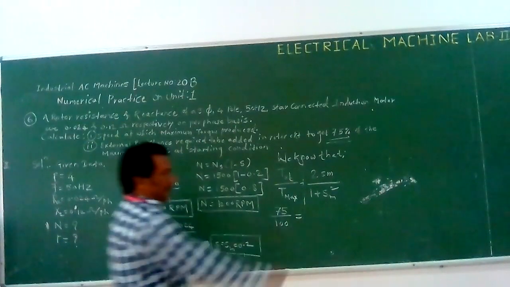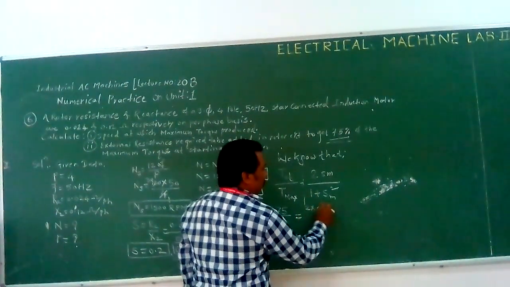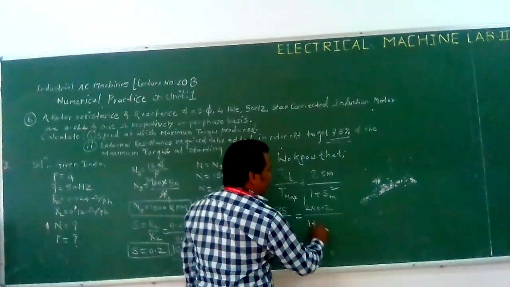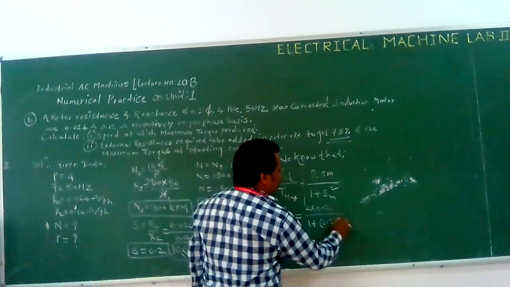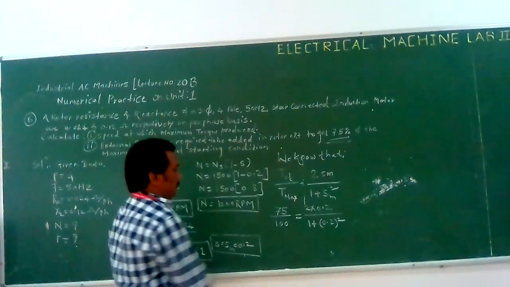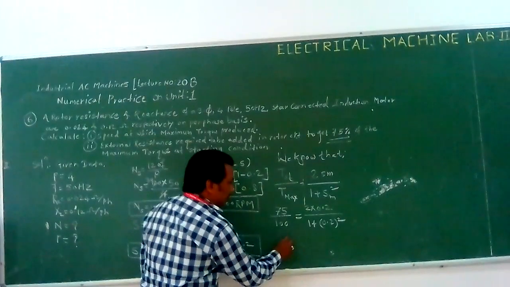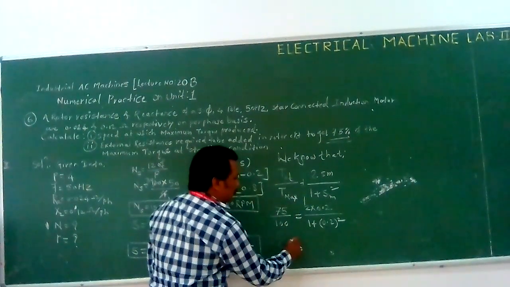So write down the formula: twice into 0.2 divided by 1 plus 0.2 square.